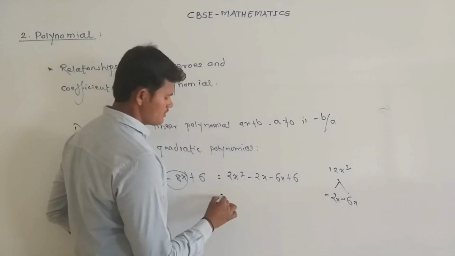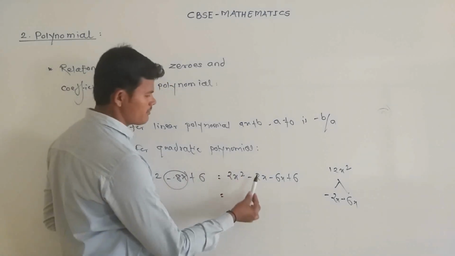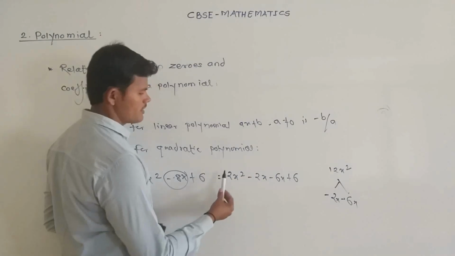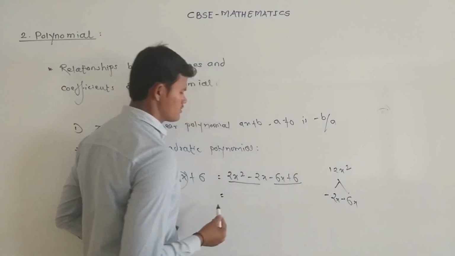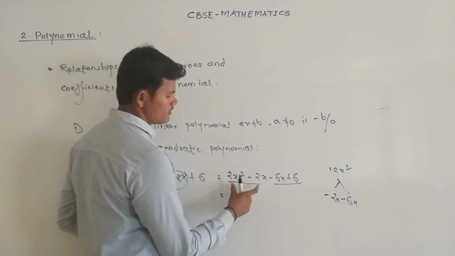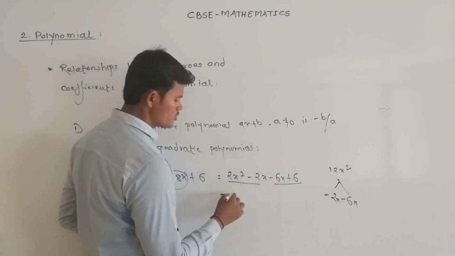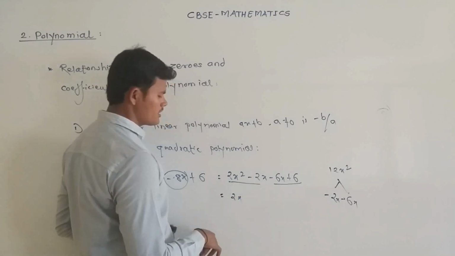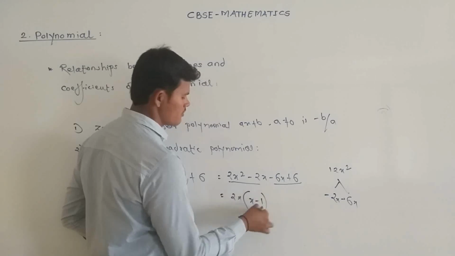Now after replacing minus 8x by minus 2x and minus 6x, we get four terms. Now consider the first two terms and the last two terms. From the first two terms, the common part is 2x, and after taking 2x as common, the remaining is x minus 1.